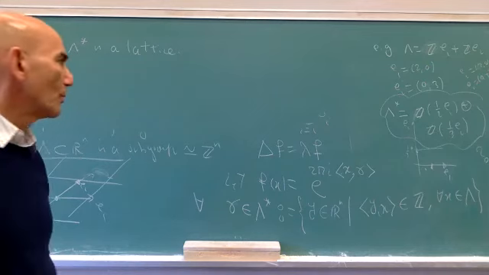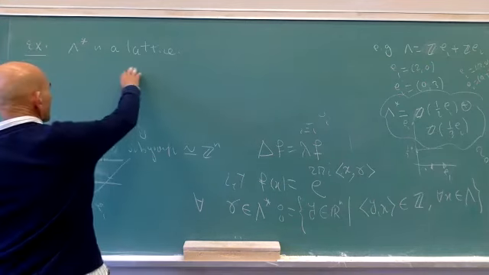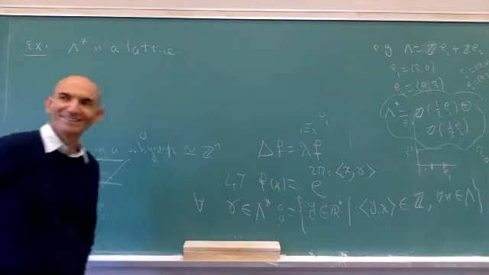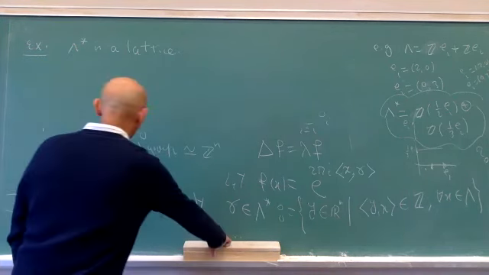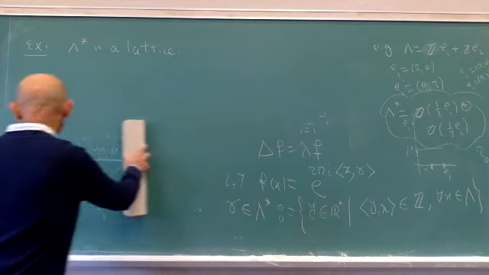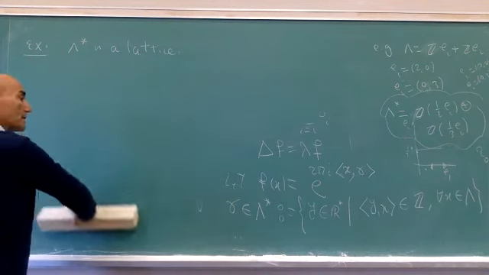All right, so now lambda is a lattice. You do this exercise. I think I'm missing something here, very obvious, but that's okay. Anyhow, now let's write this f.